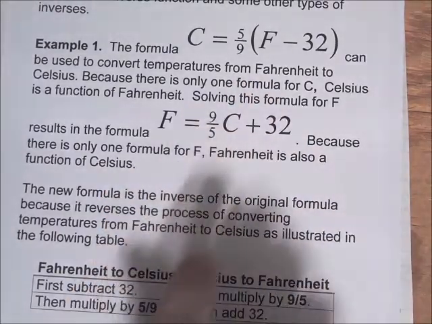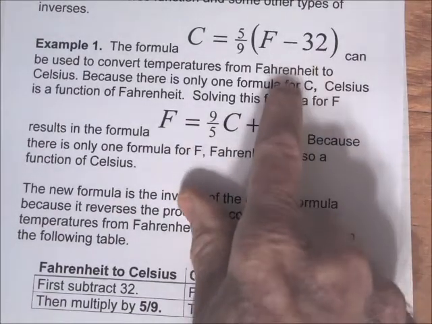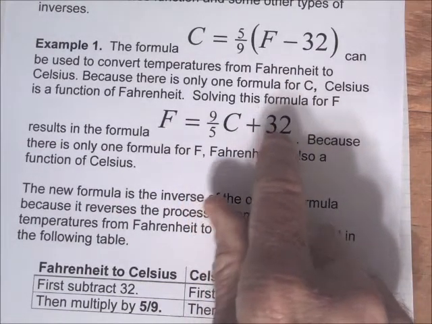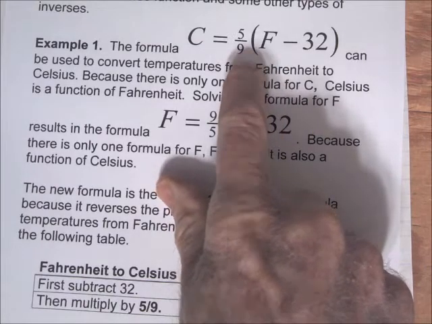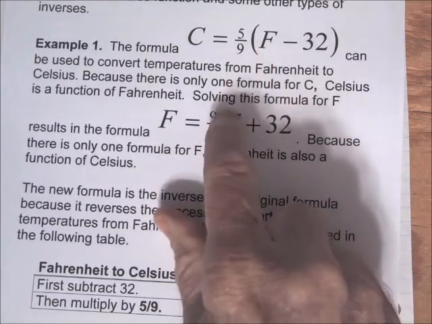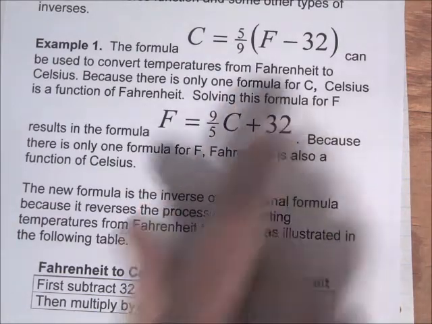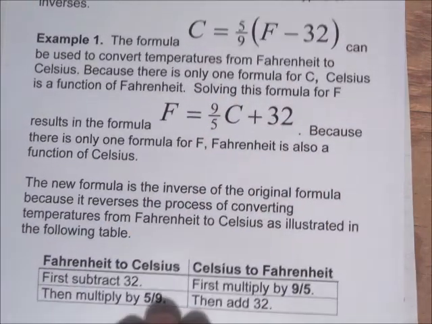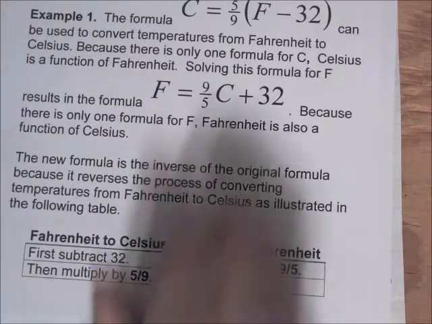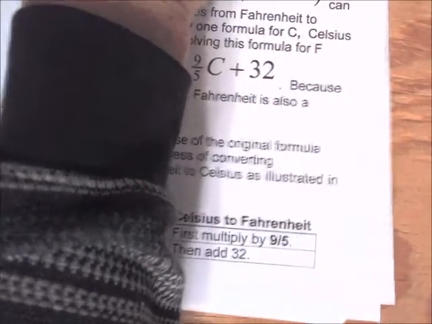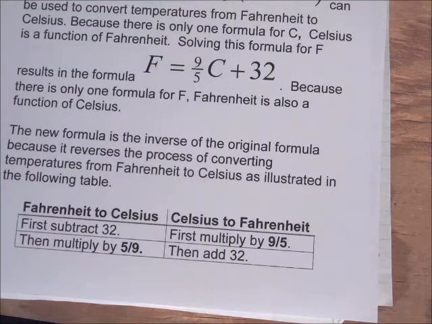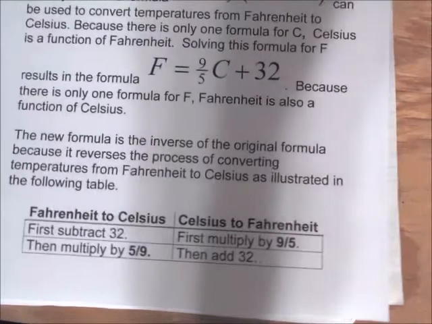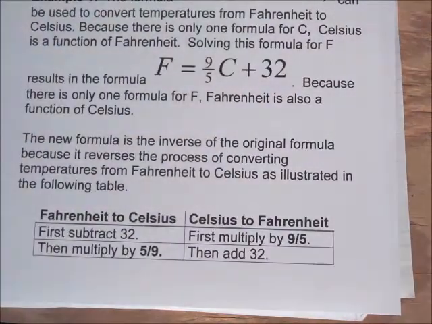So negative 32 is the additive inverse of positive 32. 5/9 is the multiplicative inverse, the reciprocal, of 9/5. So three types of inverses are applied here, but the function inverse actually sort of incorporates those other two inverses.